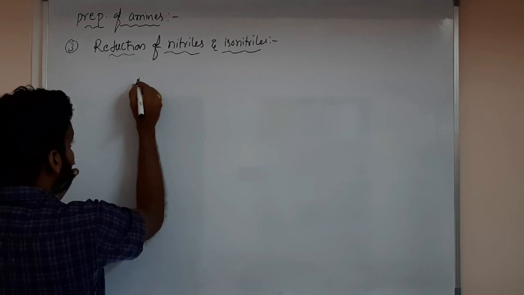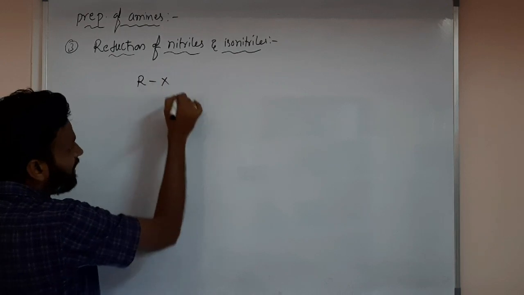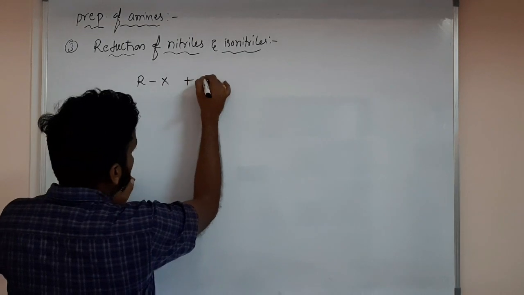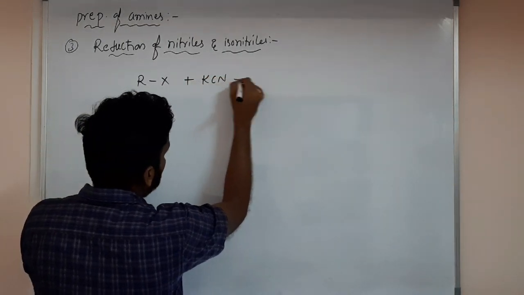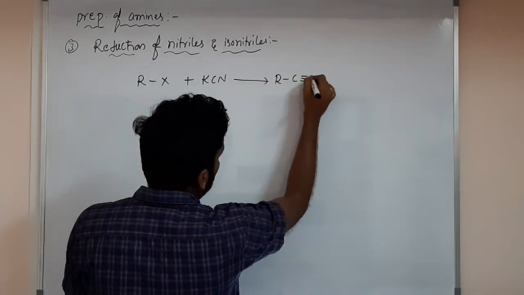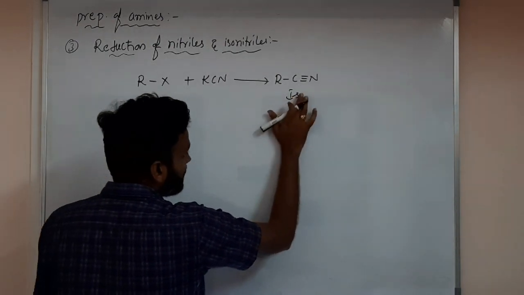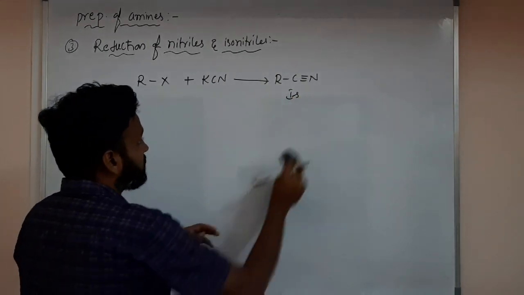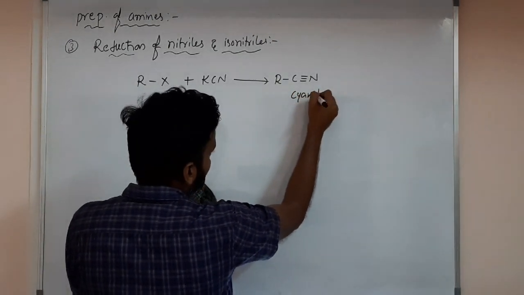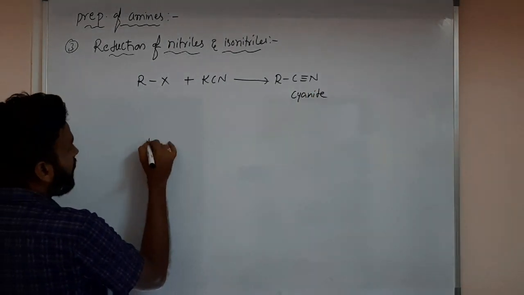If you see from alkyl halides, RX, where X means some halogen like chlorine, bromine, iodine, when these react with KCN, you will get RCN, R-C triple bond N. This is cyanide, also called alkyl nitrile. Isocyanide, how will it form?